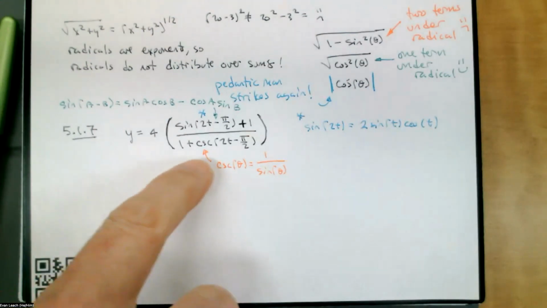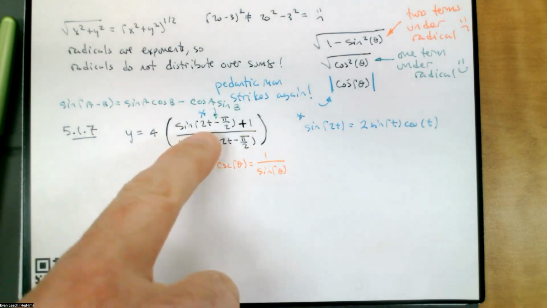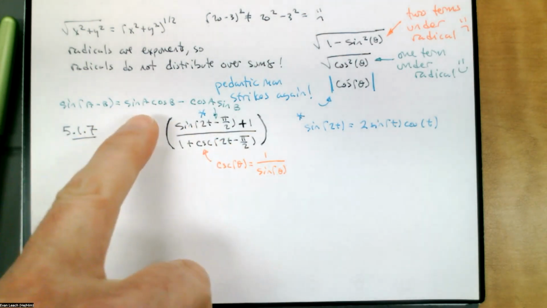So even though I'm reminded, this cosecant says we're going to use some reciprocal identities. Ooh, sine of a sum, that means we're going to use some sum and difference identities.